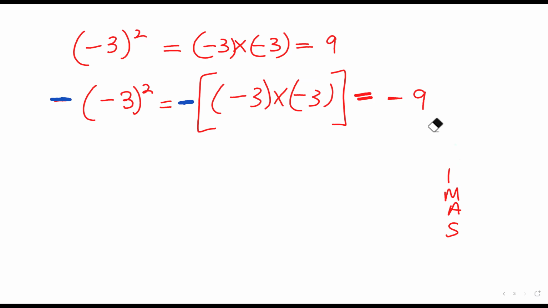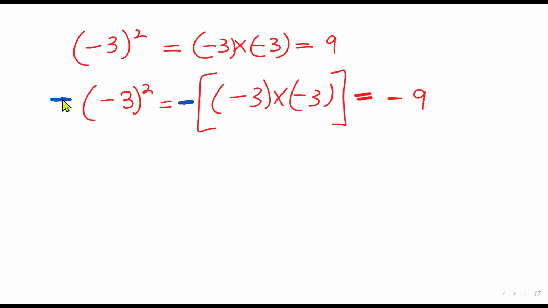I see it all the time when students will do minus, and a minus is a plus. That's wrong, right? Well, not wrong in general. A minus by a minus is a plus. But if you have minus negative 3 all squared, you have to do the negative 3 squared first, which will give you positive 9, and then apply the minus sign. So then a minus by a plus will give you a minus. Okay, so please, you can write this down as well, right?